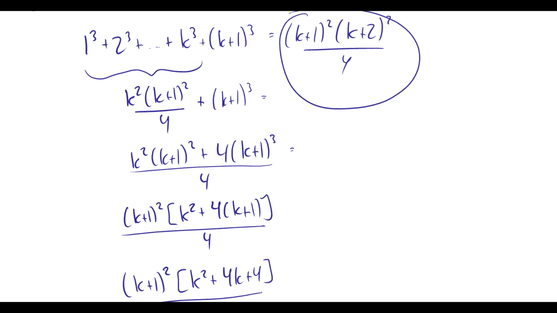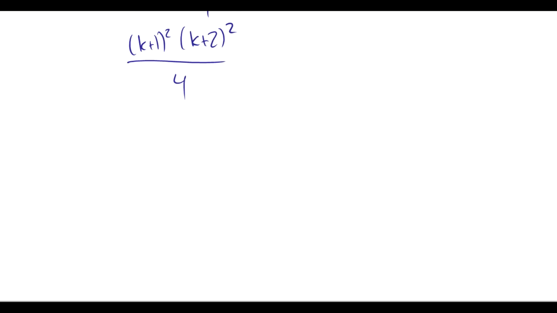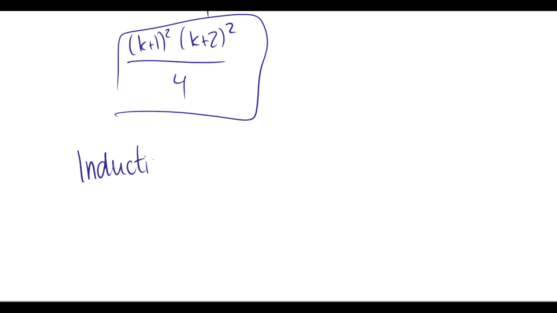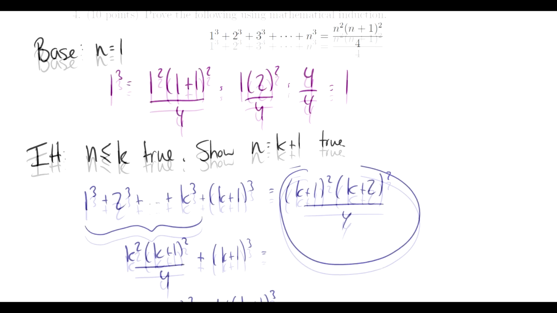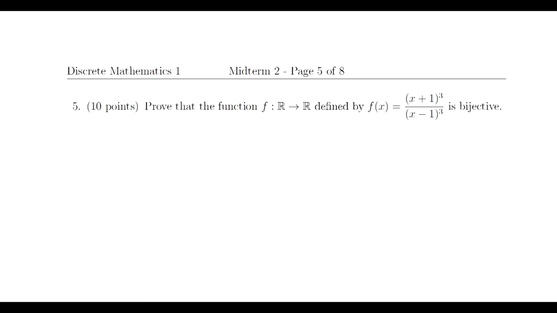So we were looking for (k+1)² times (k+2)² over 4, and we got that here. So, by induction, we have proved it. If you want to see the full thing written out step by step, it'll be on the webpage. So we've proven step by step that these two are equivalent.